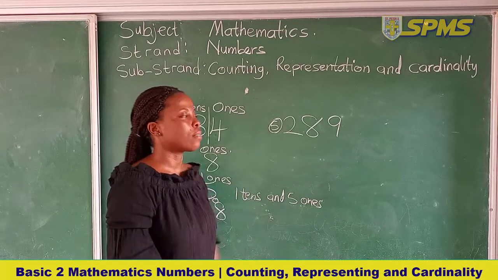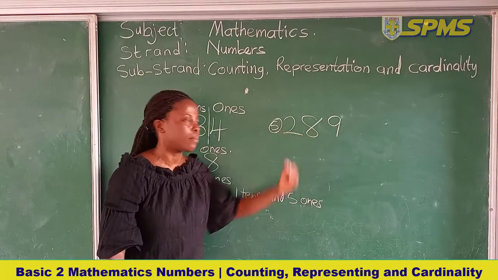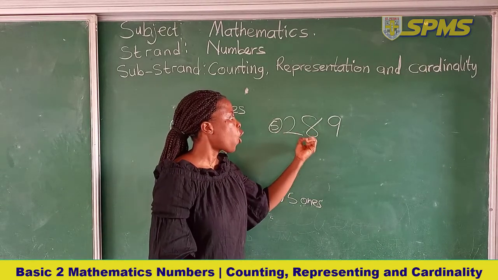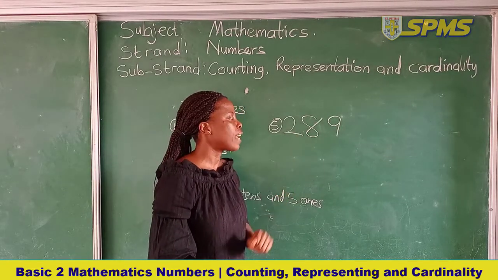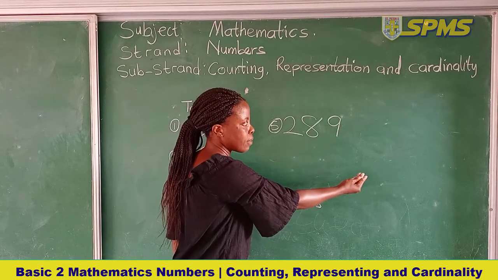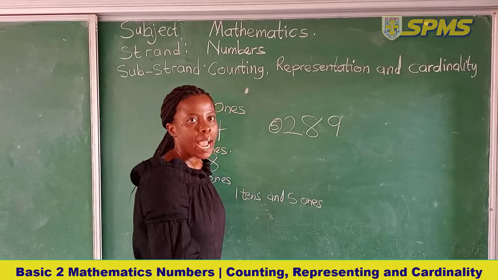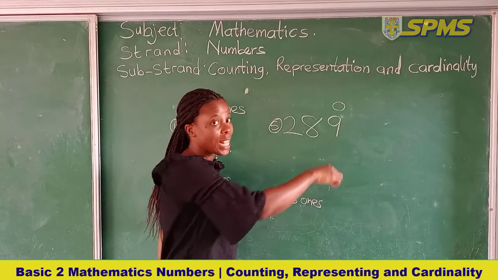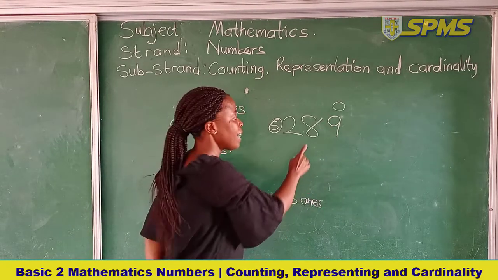Let's do the last one, which is 289. This is the number. What are the place values of each of the digits in the number 289? Starting from the right. On our right, we have 9. So 9 is in which place value? Ones, represented by O. The 8 is in what?